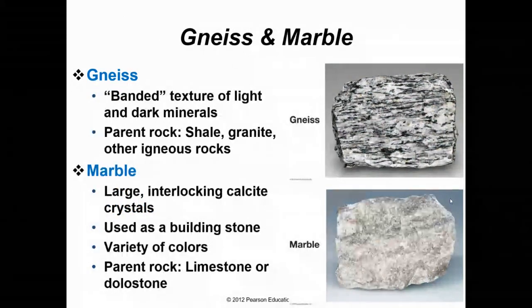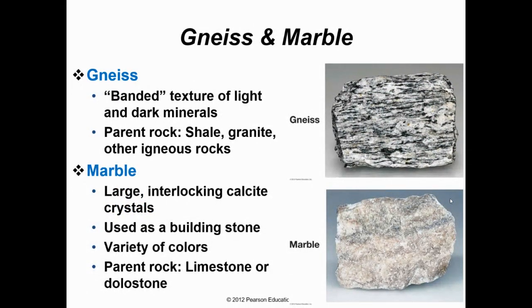Then gneiss is considered to be the end of the road most often for the metamorphic rock sequence, because with any more heat, it'll melt, basically turning into igneous rock. But notice it's got the banded appearance. So it's foliated.